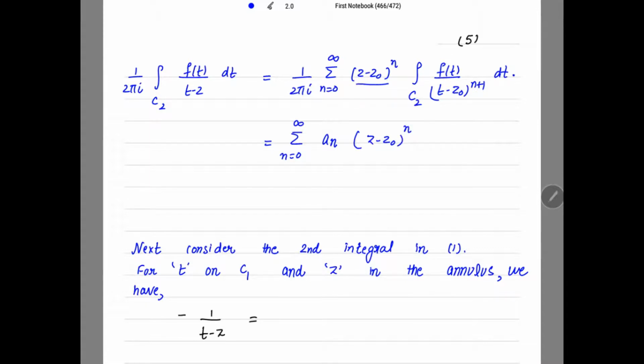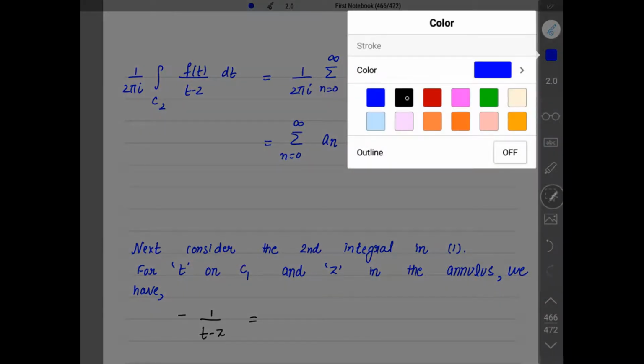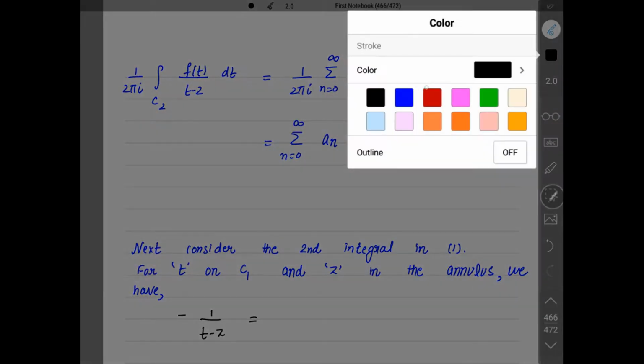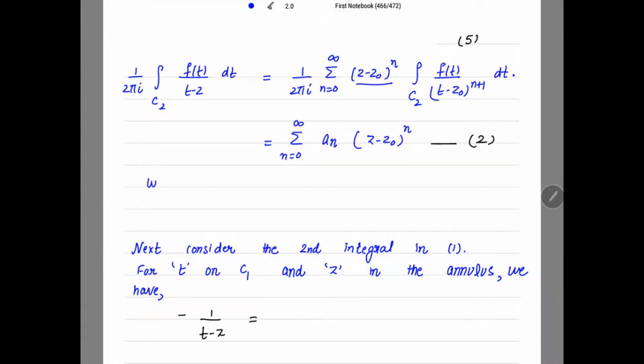Mark this as your 2, where a n is equal to 1 over 2 pi i integral over C2 f of t over t minus z naught to the power n plus 1 dt. This is your a n, and where n is going from, this is very important, 0, 1, 2, and so on.